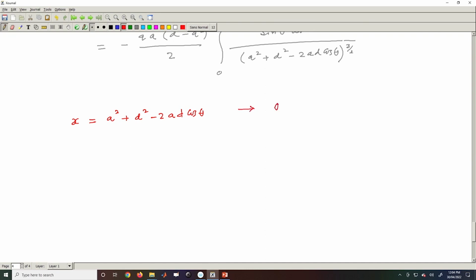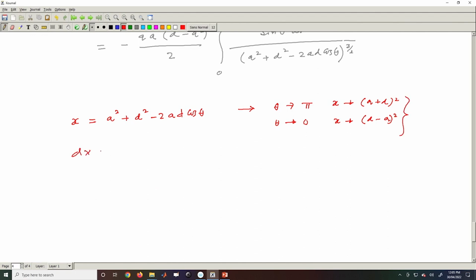So when theta goes to pi, x goes to a plus d whole square, but when theta goes to 0, x goes to d minus a whole square. This is the limit.